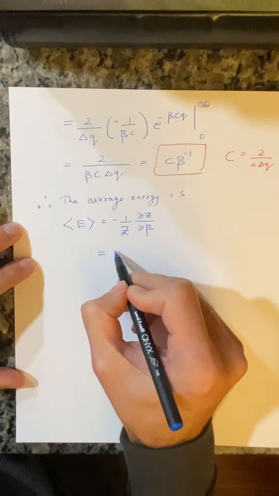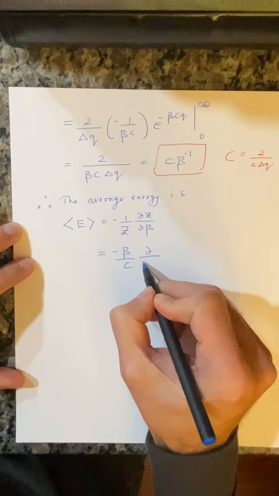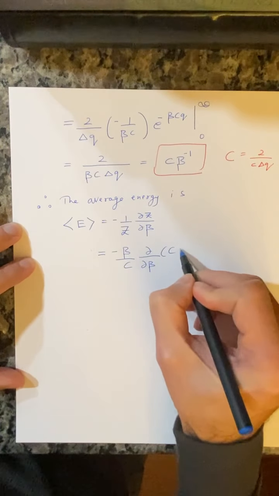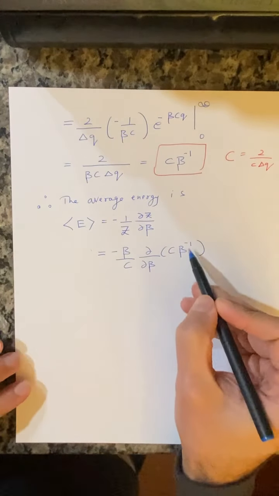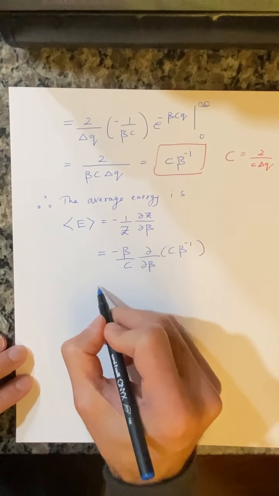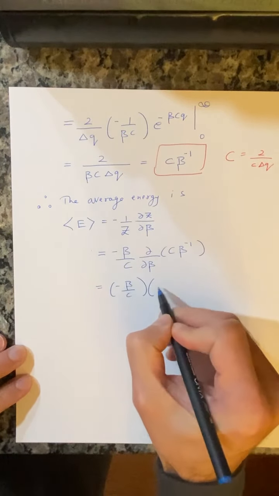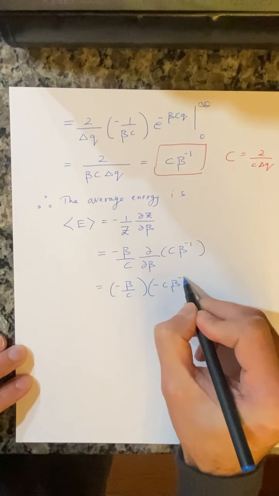And in this case, I have minus 1 over Z, partial derivative with respect to beta of C beta inverse. This is minus 1, this power is going to become minus 2, that is going to be a minus sign in front. Let's solve that. Minus beta divided by C. As I said earlier, this minus sign comes in front, beta raised to minus 2.